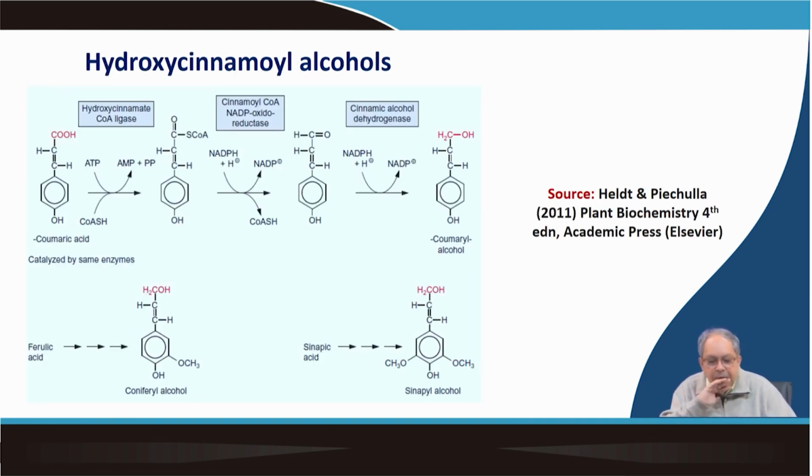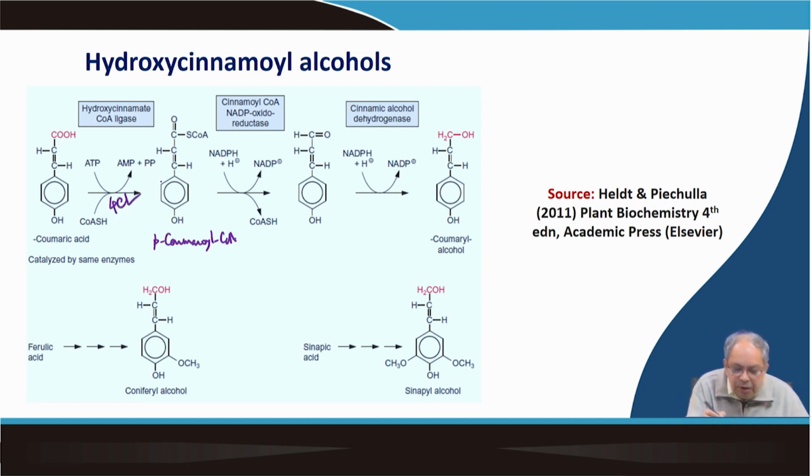Now, hydroxycinnamyl alcohols, this we will discuss again when we talk about monolignol biosynthesis in the next class, but briefly, paracumaric acid is converted into paracumaryl CoA. This is activation of hydroxycinnamate. Then there will be a reductase activity. This enzyme is called 4CL, and this enzyme is the reductase CCR, cinnamyl CoA reductase, and leads to the formation of this structure.